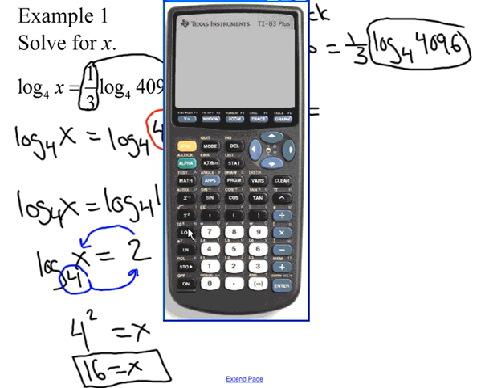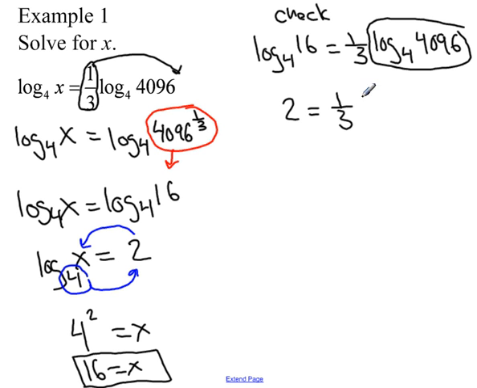That's log of 4096 over the log of 4, the common logarithms, and you get 6. So you get 1/3 times 6. So you get 2 equals 2. So yep, it checks out. 1/3 of 6 is 2.